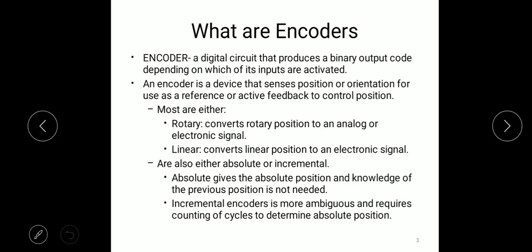They are further classified into two types: absolute or incremental. An absolute encoder gives the absolute position, and knowledge of the previous position is not required.